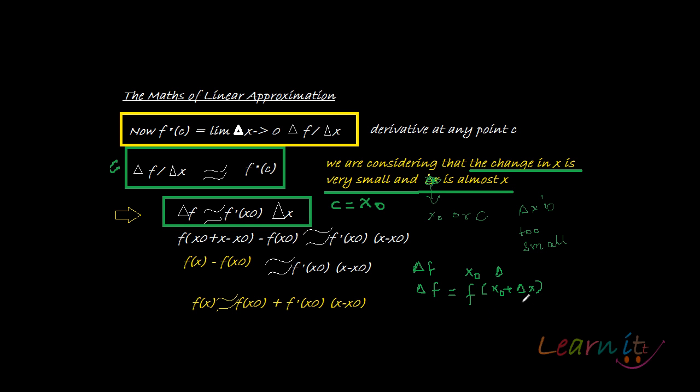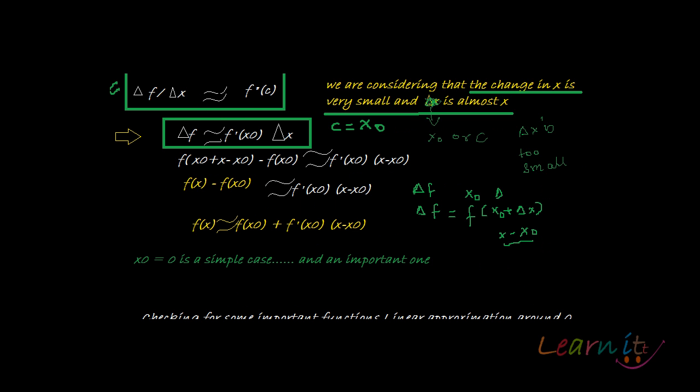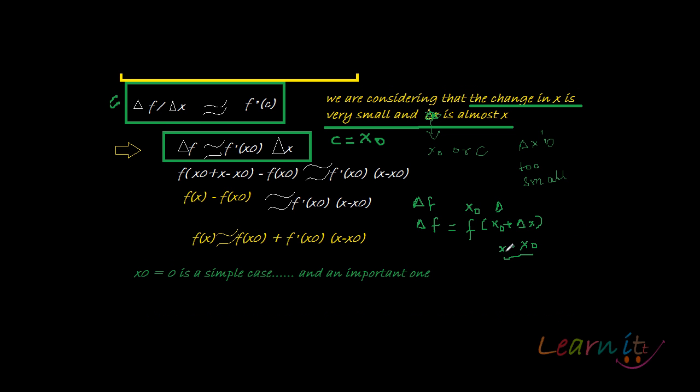Delta x is essentially x minus x naught, the change in the x value. That means this and this cancel out here, and what remains with us is f x minus f x naught. That is what is delta f.